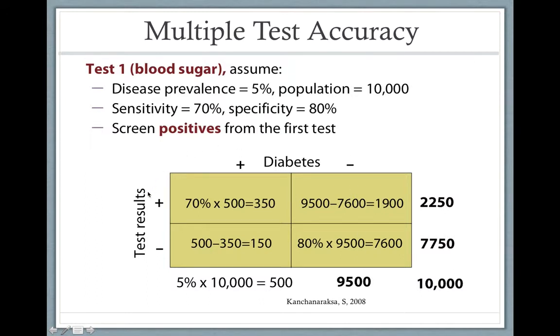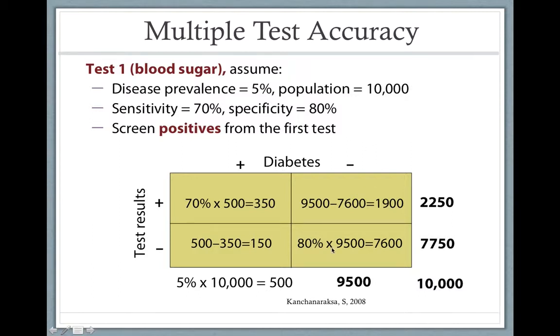And then here's our test. The sensitivity is 70 and the specificity is 80. So the number of people with the disease, 500, times the sensitivity will give us the true positives. Our sensitivity is the proportion of the people with the disease that actually test positive for the disease.